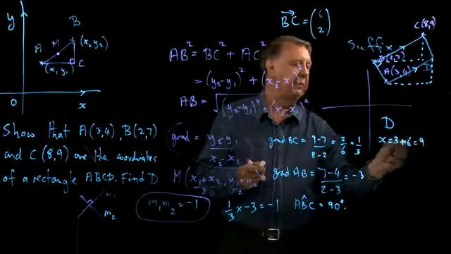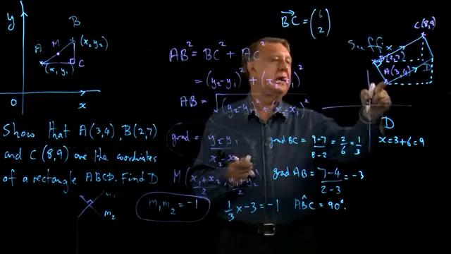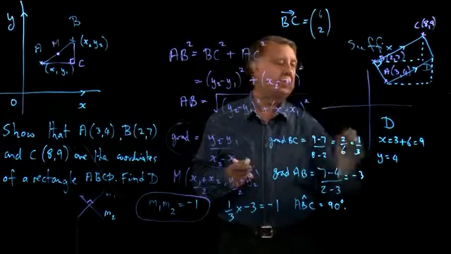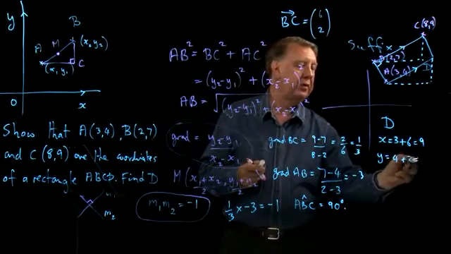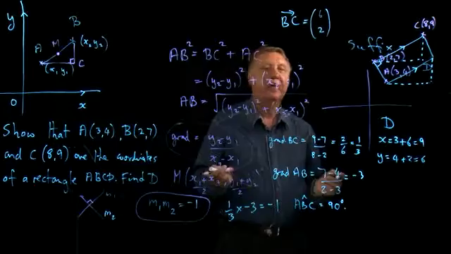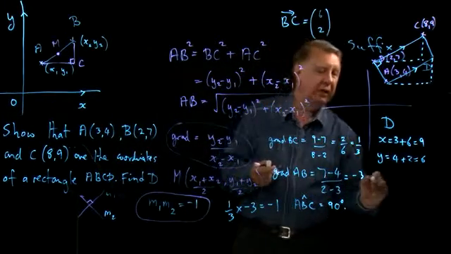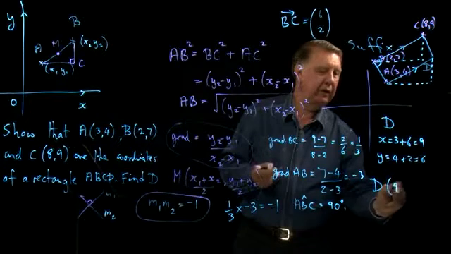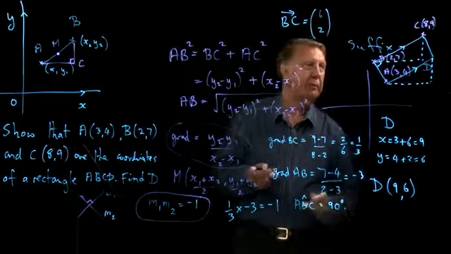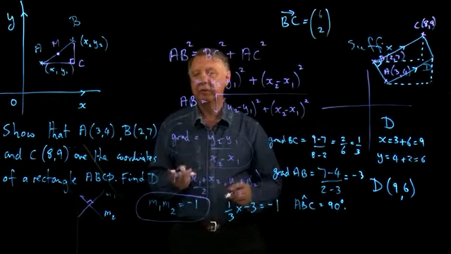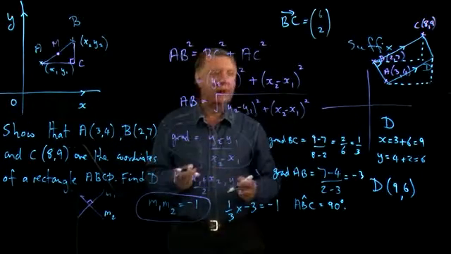I get to 9. The y coordinate, I'm starting at 4, I'm going up 2, takes me to 6. And I've done it. Virtually no work at all, and D is the point (9, 6). Okay, so that's the complete solution to that sort of question.